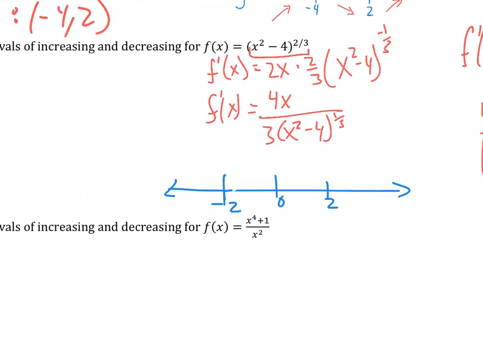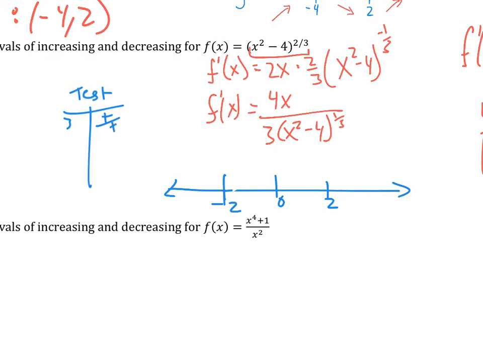So let's test some points. Let's test starting on the right. How about 3? So when we plug 3 in here, we get positive on top, and plug in 3 here, it's going to be 9 minus 4, which is positive. This whole thing's positive.